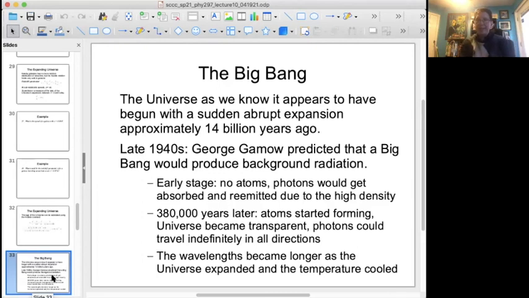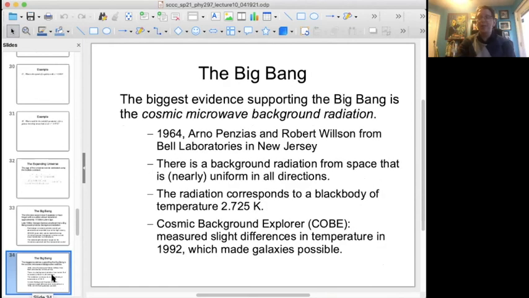But once the atoms started forming, once you started to get structure, some of the photons would not get absorbed, and they travel indefinitely in all directions. And they cool as the universe expanded. And so you'd get a background corresponding to a certain temperature, that'd be fairly cool.